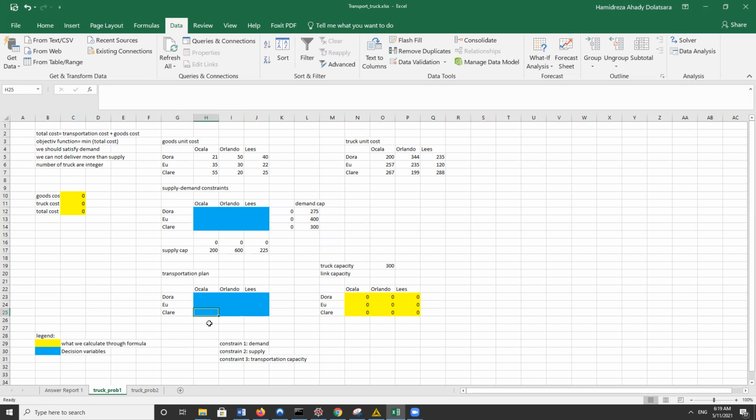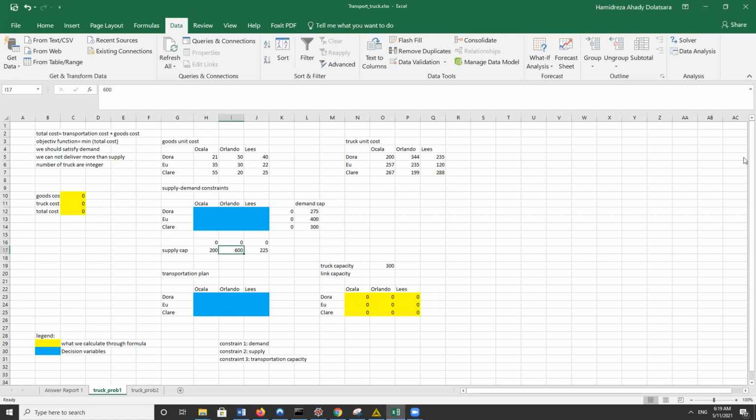Doesn't make sense. If my supply is 600 in Orlando, two trucks is very efficient, 300 on each, because this is my capacity. Maybe 3 to Dora or EU. I don't need to make 3 trucks, with 200 on each. So 200 times 3 would be 600.